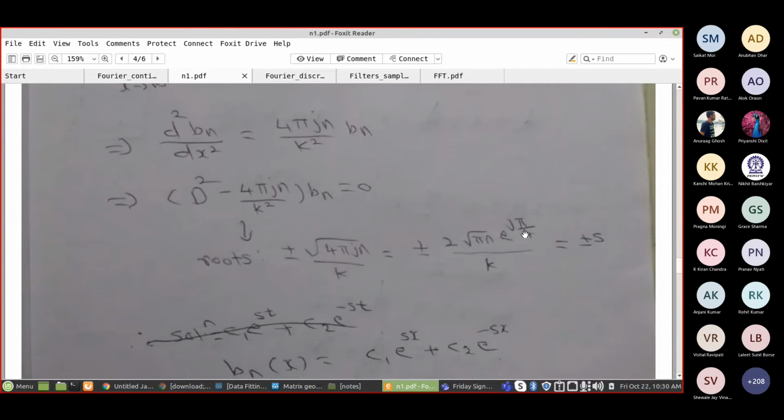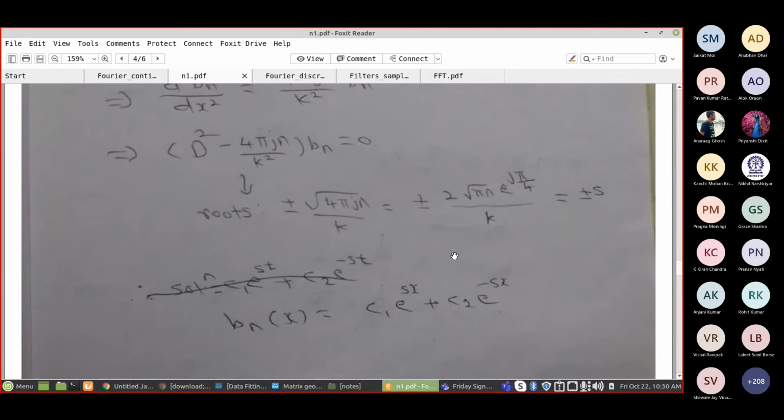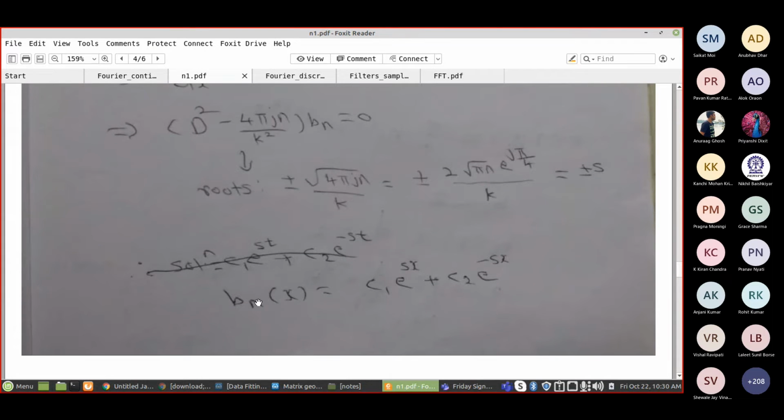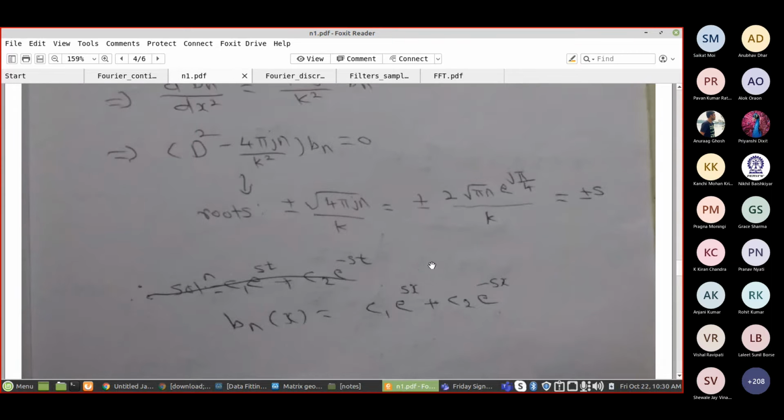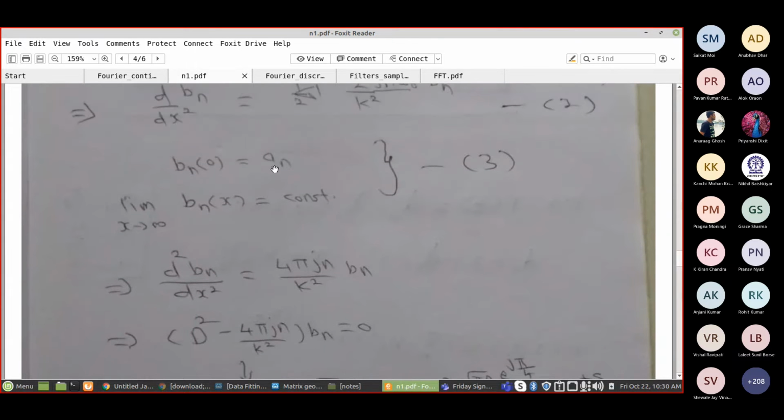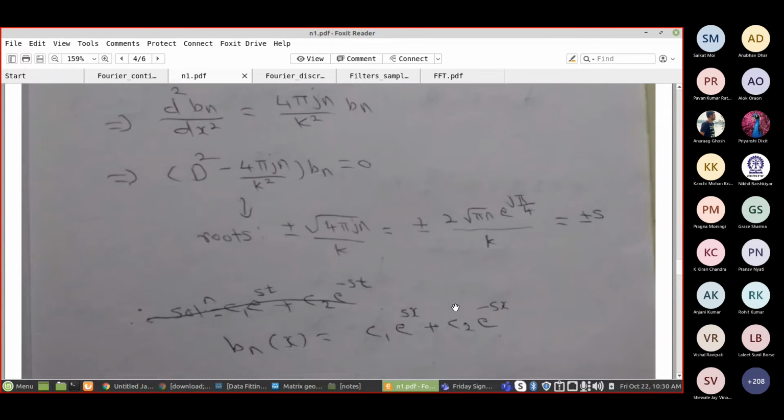So it is some complex number, 1 plus j, and 1 over square root 2 will come out. That simplification we will do later. So we have this form of Bn now, and we need to determine C1 and C2 from our initial condition and this constraint. If we are able to do that, we are done.